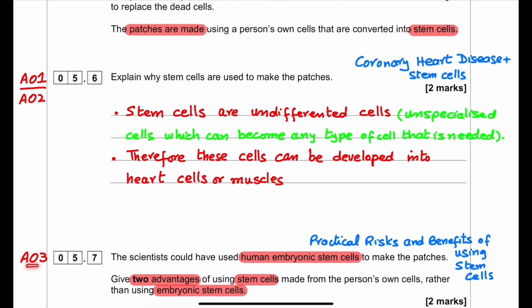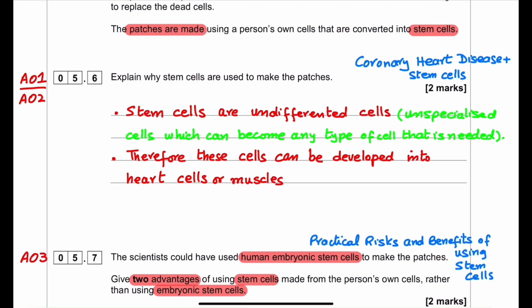5.7 is an AO3 question. The scientist could have used human embryonic stem cells to make the patches. Give two advantages of using stem cells made from the person's own cells rather than using embryonic stem cells. We have seen from the previous question that the patches are made from the person's own cells instead of taking from embryonic stem cells.